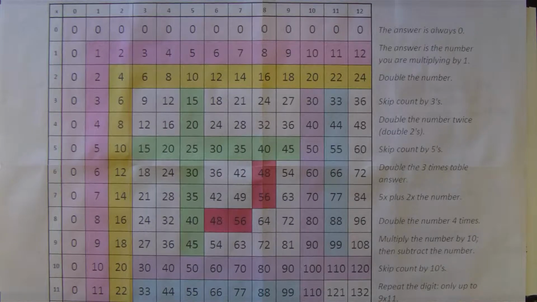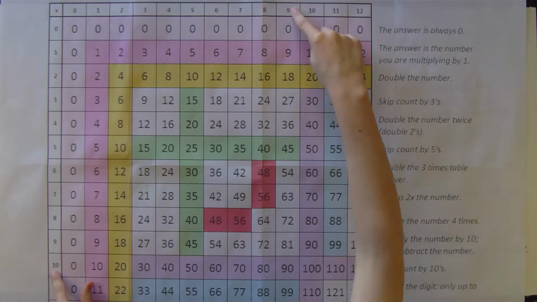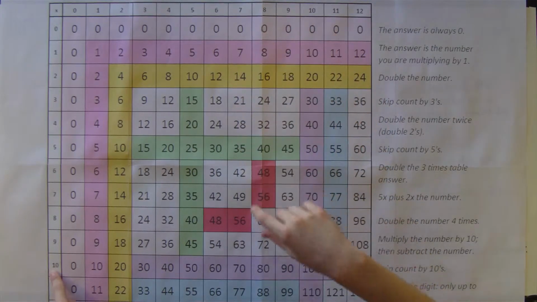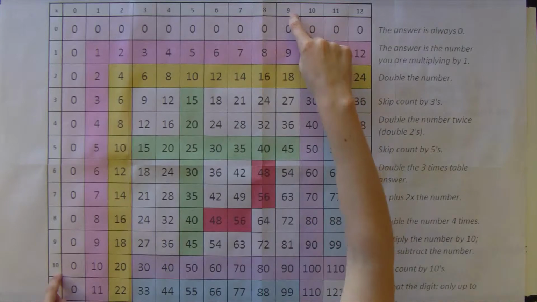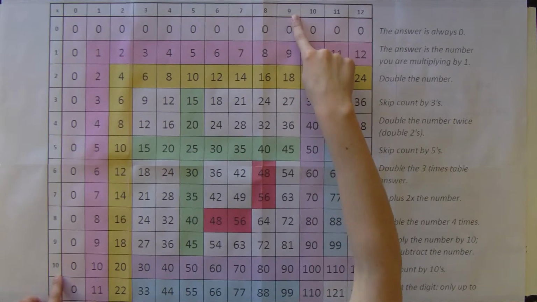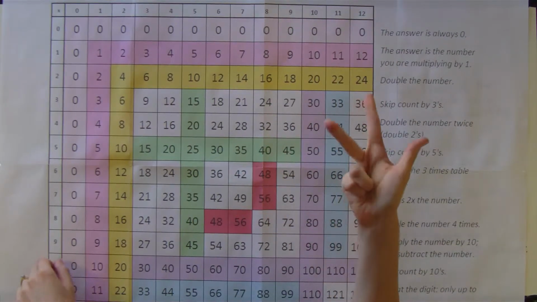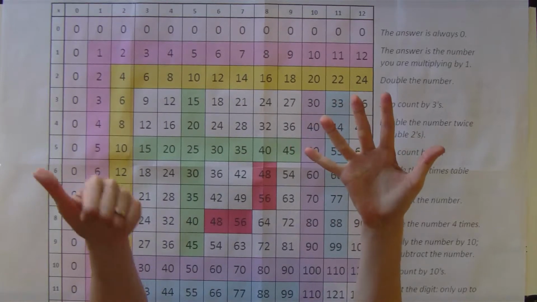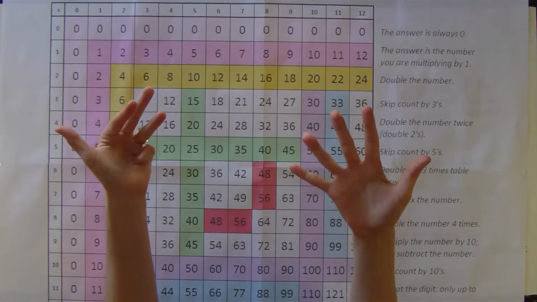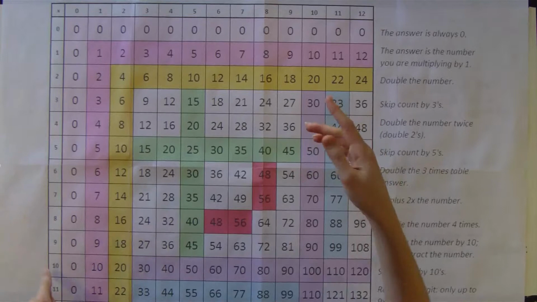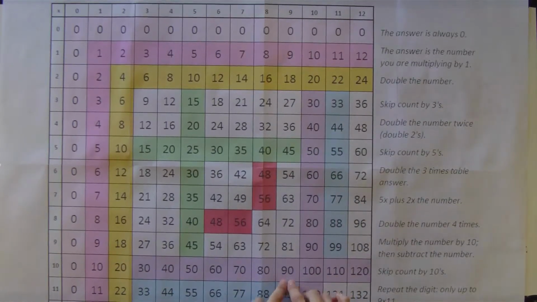That's just a little tip that will help you out a lot when multiplying by 10s. Another example would be 9 times 10. So we can just skip count in 10s for 9 times: 10, 20, 30, 40, 50, 60, 70, 80, 90, and I reach my answer. 10 times 9 is 90.